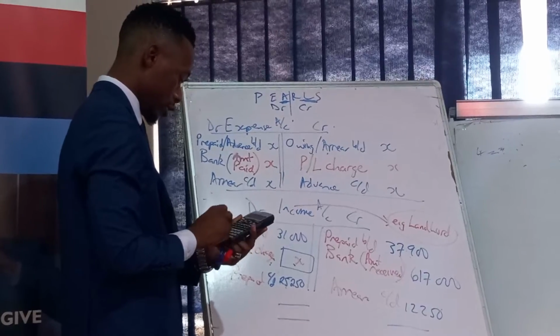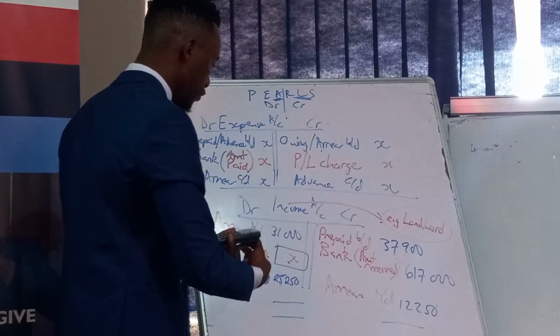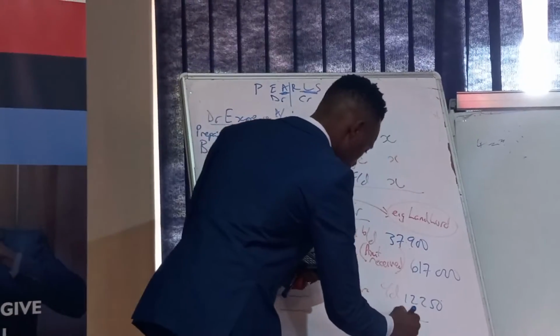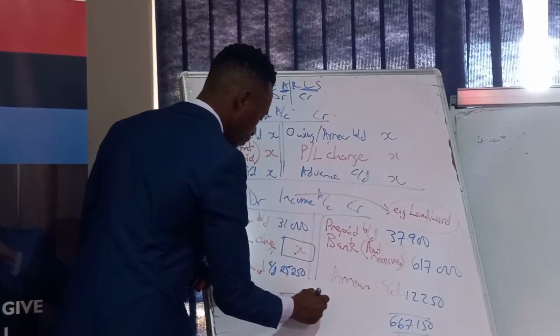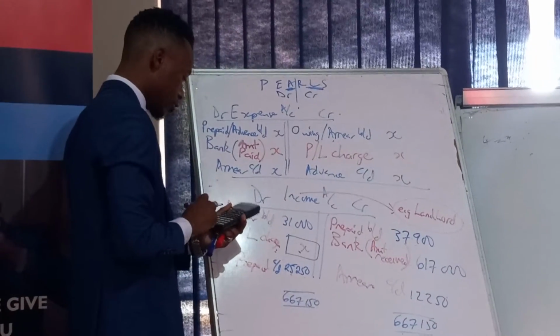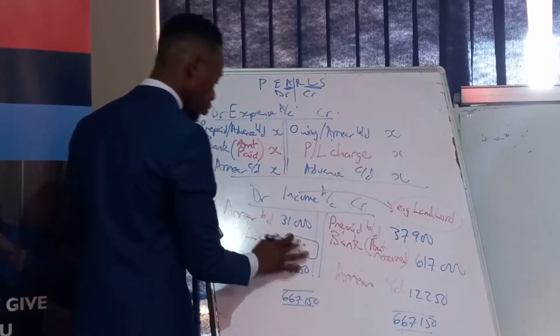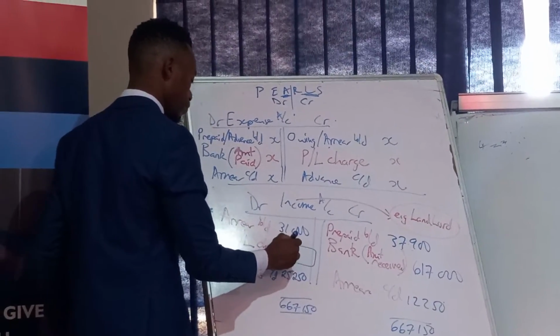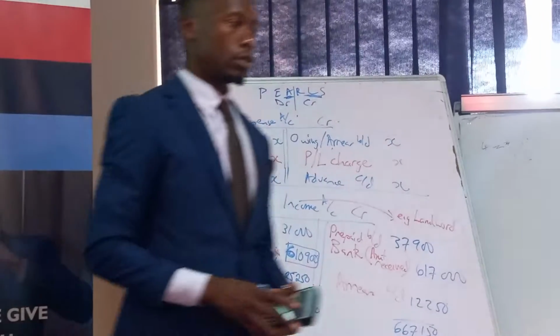Let's say 900, 617, 12,250, 667,150, less 1,000, less 25,250. We get 16,900, right? Done with this one.